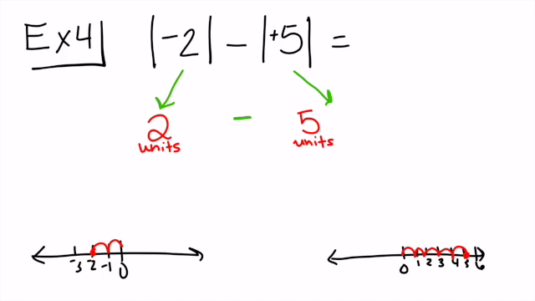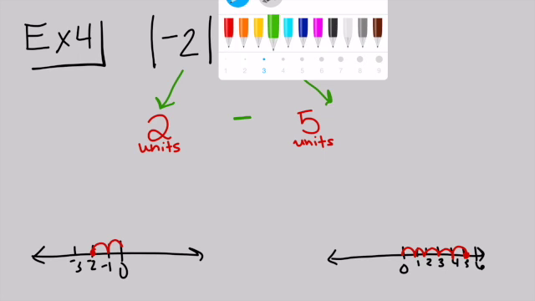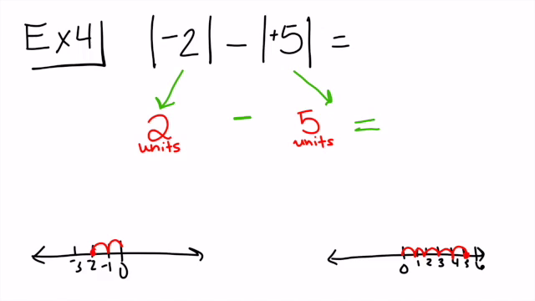Now that I have those 2 answers, I need to do the subtraction. 2 minus 5. Well, if I have 2 things and I take away 5 things, I'm left with negative 3 things.